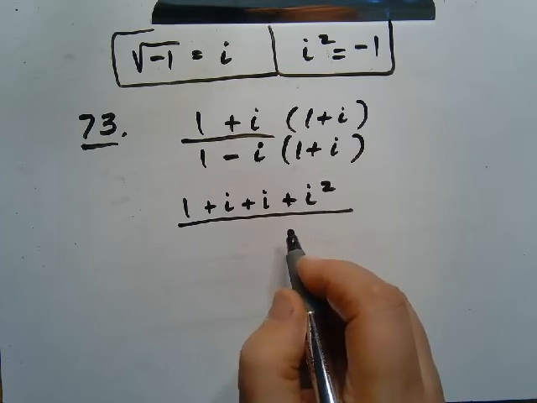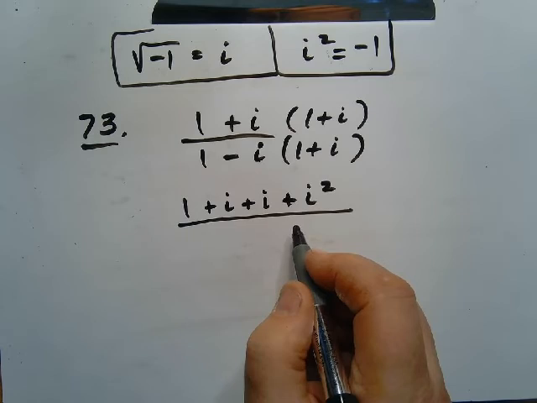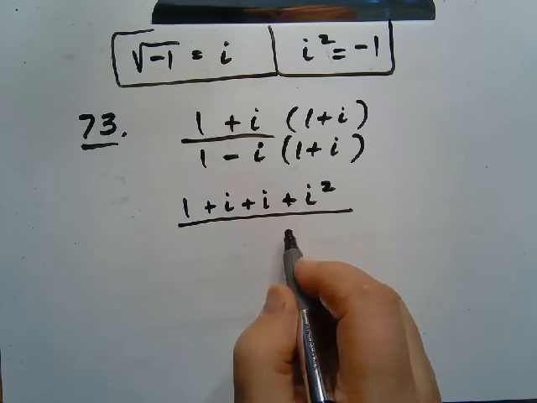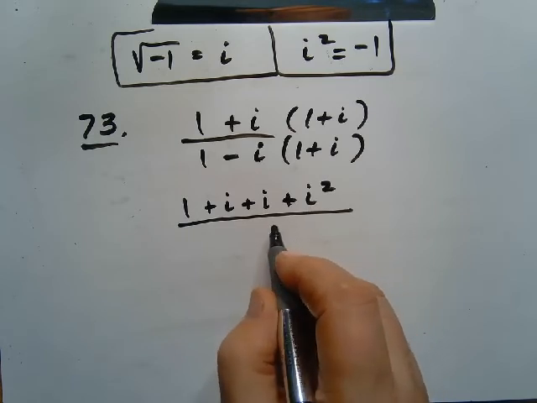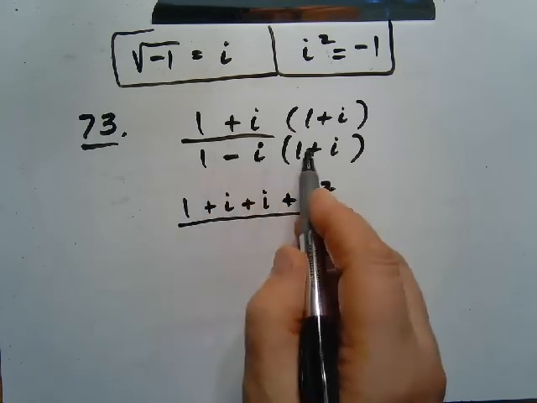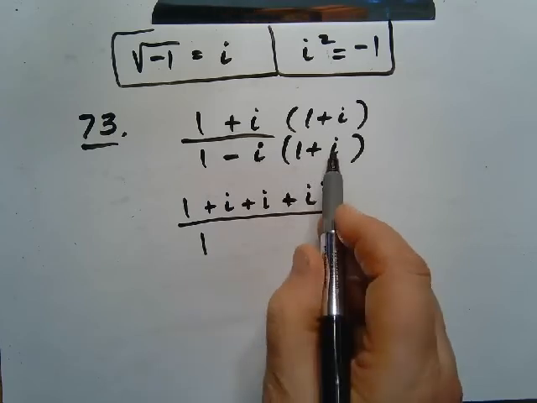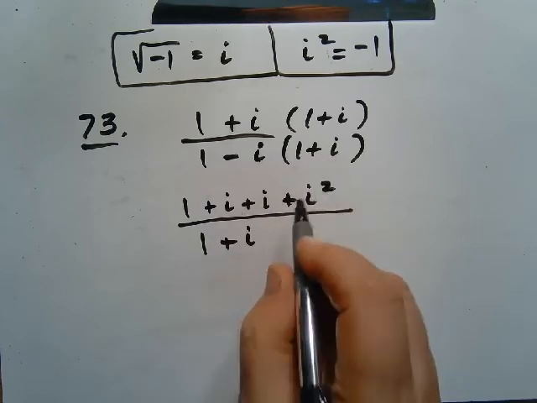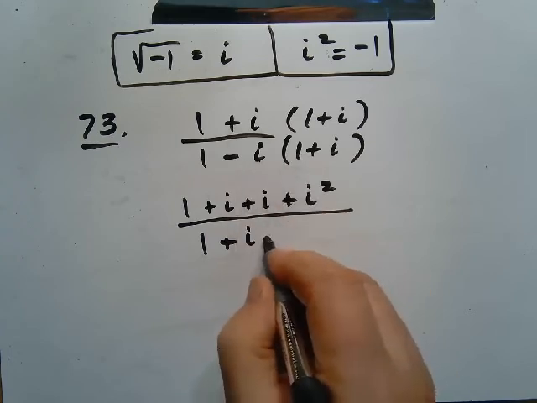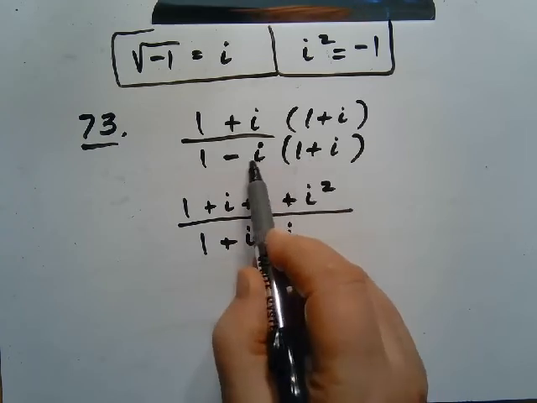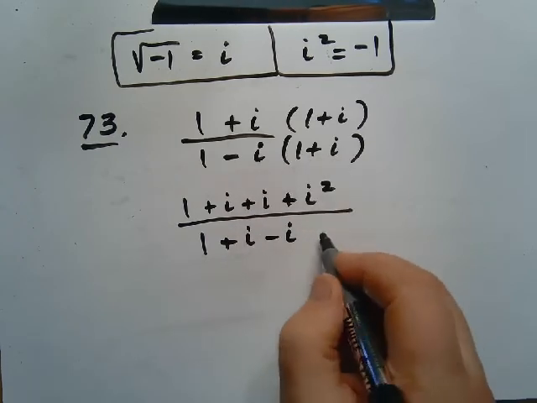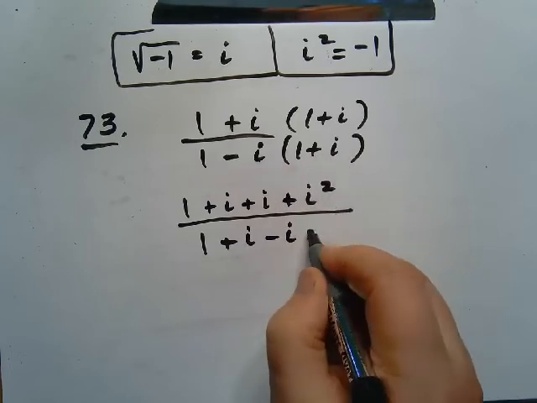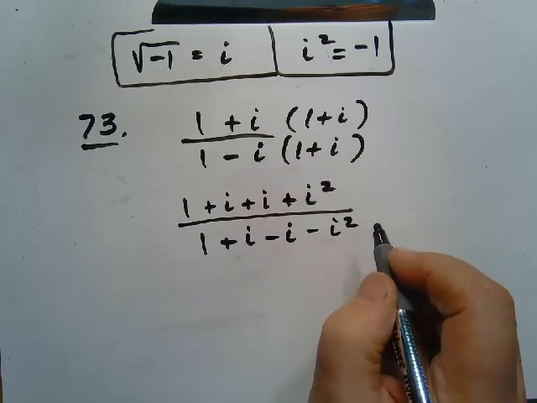And on the bottom, we have 1 times 1 is 1. i times 1 is a 1i. And i times negative 1 is a negative i. And negative 1 times i, or a negative i times i, is a negative i squared.